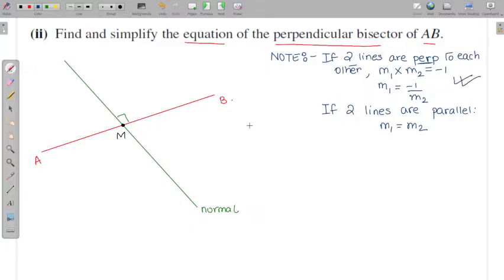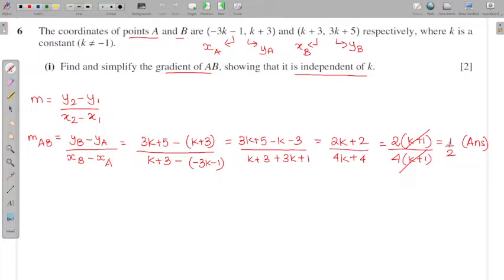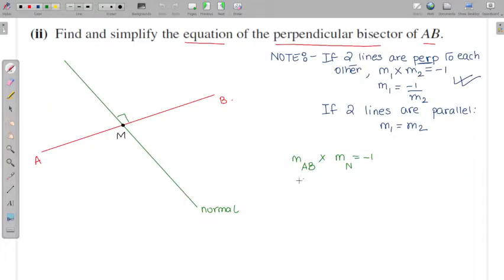So the gradient of AB times the gradient of the normal is equal to -1. From part 1 we had already found the gradient of line AB, so half times the gradient of the normal is equal to -1. So the gradient of the normal should be -1 times 2, which is -2. So now we have got the gradient of this line.